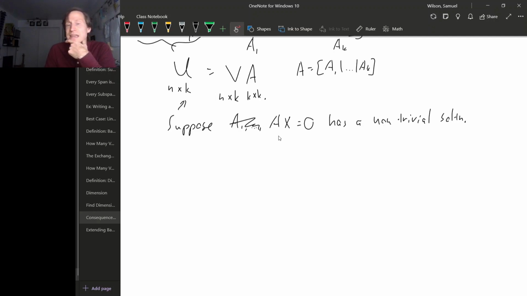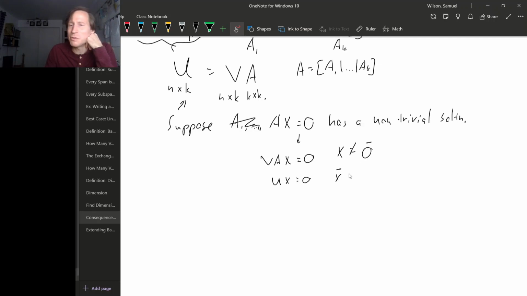Okay, well, if that could happen, then we could take such a non-trivial solution and multiply on the left on both sides by V, and you get VAx equals 0. But V times A, that's U, so Ux equals 0. And right, we assumed that our solution x was not the 0 vector.